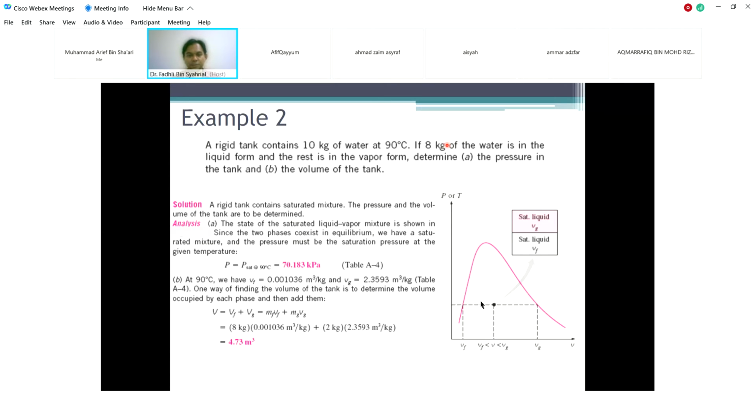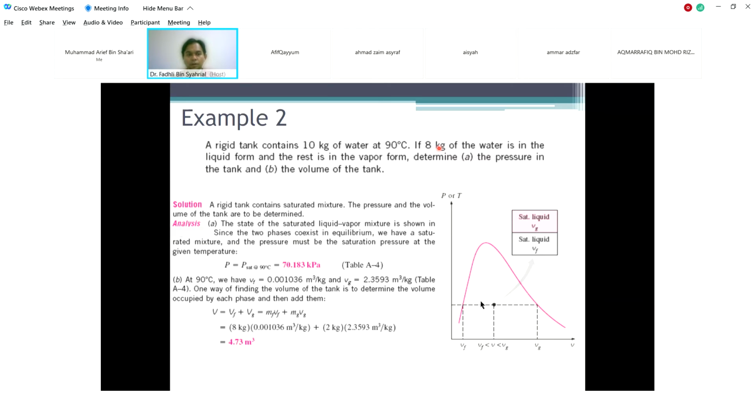Another piece of information: in this sentence, if 8 kilogram of water is in the liquid form and the rest is in the vapor form, meaning that the phase here is saturated liquid vapor mixture. Why?